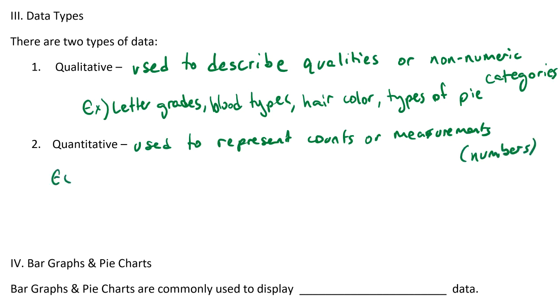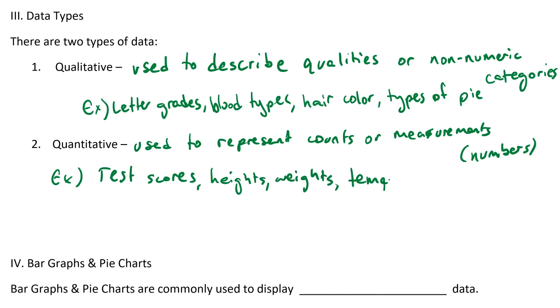So for example, test scores or heights, weights, temperatures, anything like that that you're actually getting numbers with, that is quantitative.